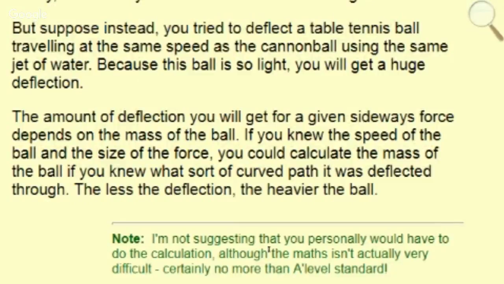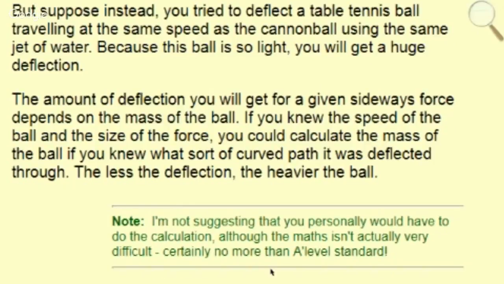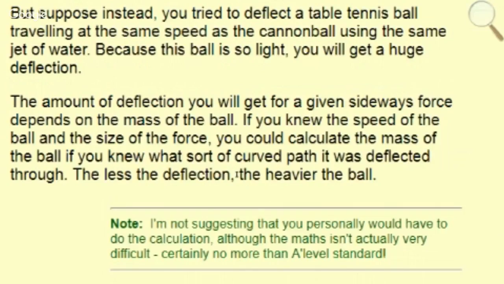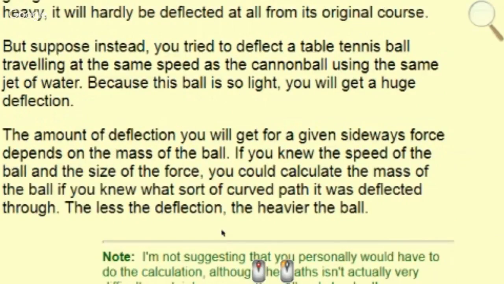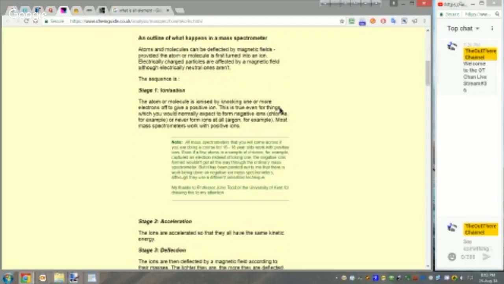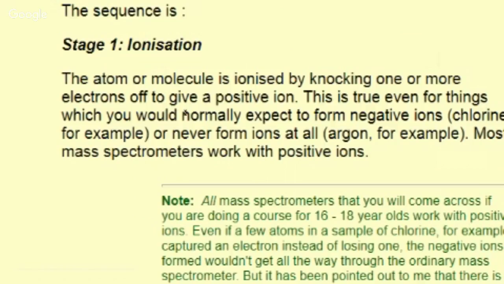well, a molecule is passing, I guess, and then break it up into its subparts even further. So obviously, iron is going to be heavier than carbon or hydrogen as it gets deflected. So the way they do that is stage one, they say here, ionization.